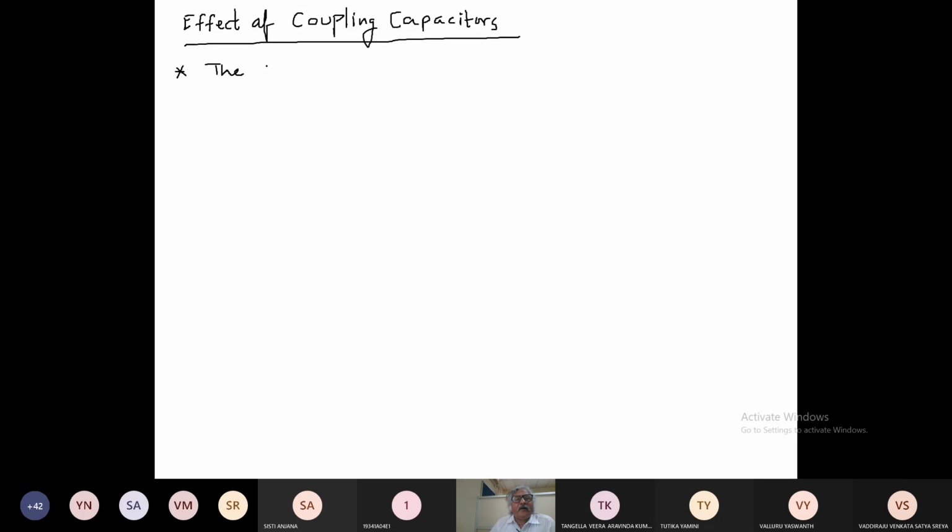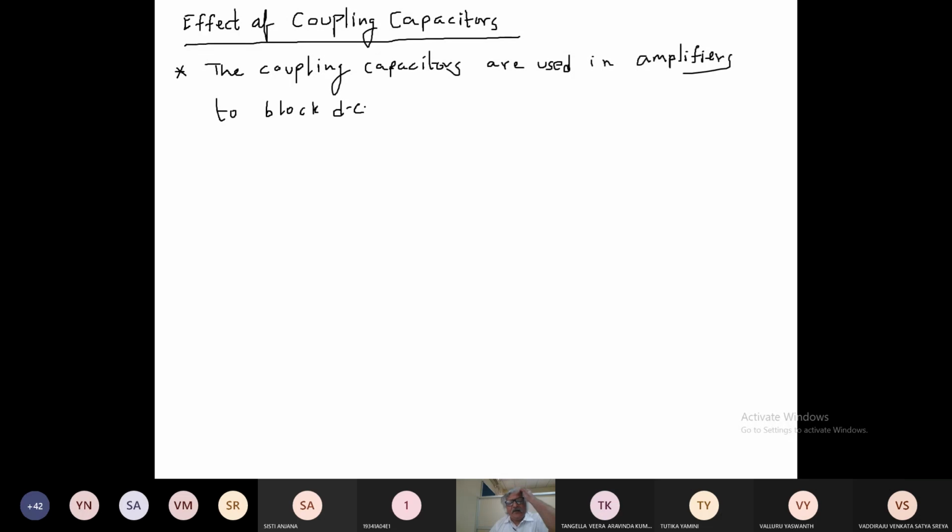So first point we can write: the coupling capacitors are used in amplifiers to block the DC part of the signal, right?